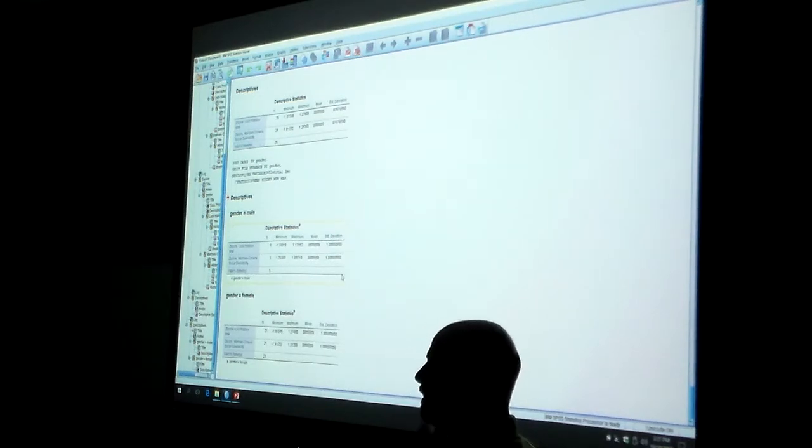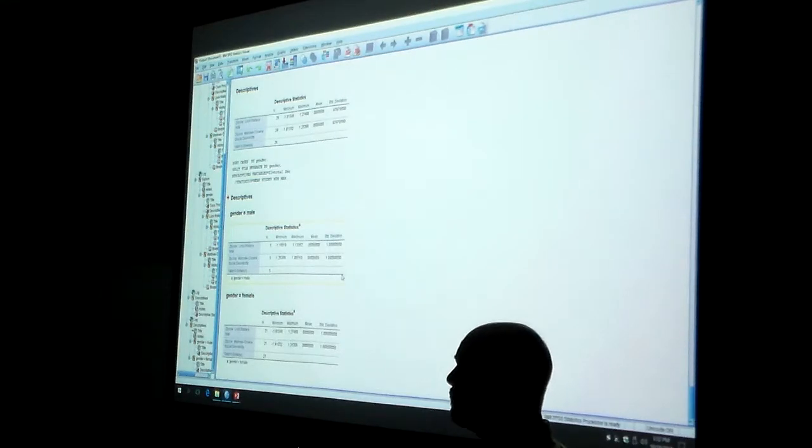If I do that with the split file on, it's going to freak out and tell me something's backwards, because it can't split men and women when it's looking at men separately and women separately. So you'll get the hang of it. You'll make a lot of mistakes, but it won't screw up your data at all. It'll just give you an error message. Anytime you sort your data, it turns it off. But if you have it in your syntax, you can just reactivate it.